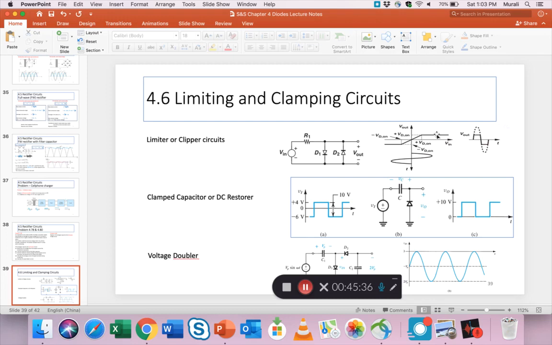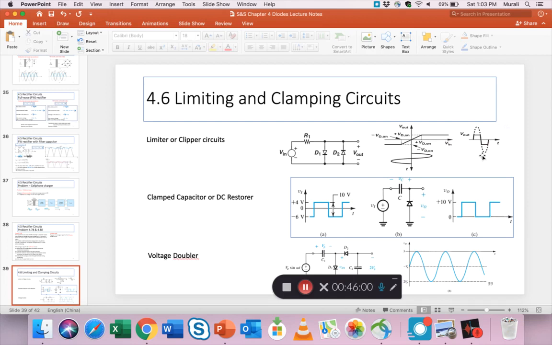So if you look at this nice diagram on the graph, the plot on the right, what you see is an AC input coming in and the output is clipped. Both on the positive half cycle and the negative half cycle, the circuit chops off the top portion.